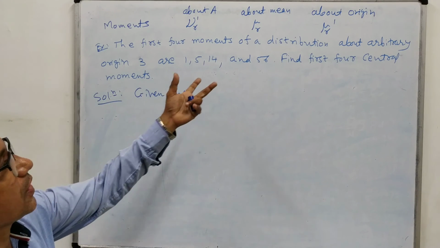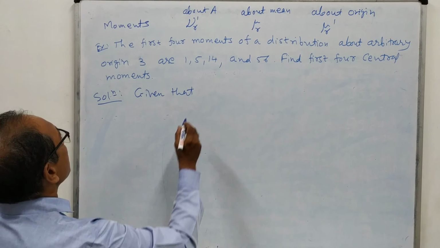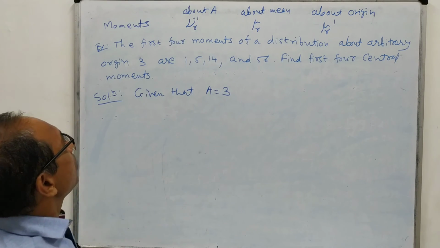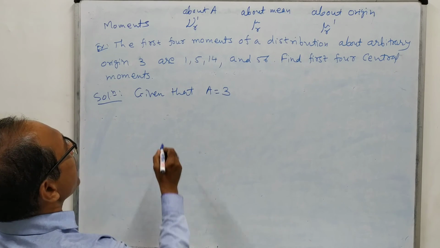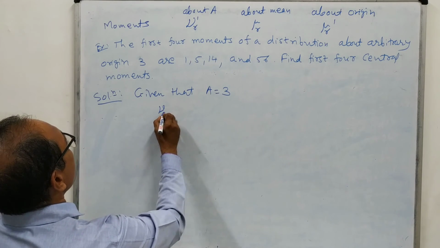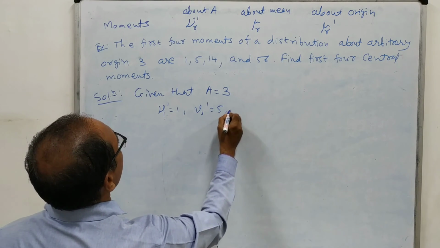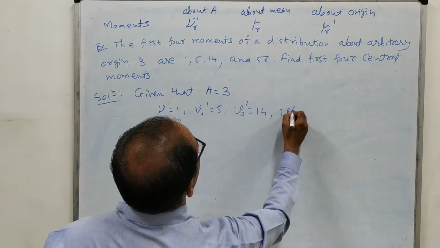That means you put the given data in a systematic, proper way. So here we are given the arbitrary origin capital A equal to 3, and then we are given the first four moments. These are mu1 dash equal to 1, mu2 dash equal to 5, mu3 dash equal to 14, and mu4 dash equal to 56.